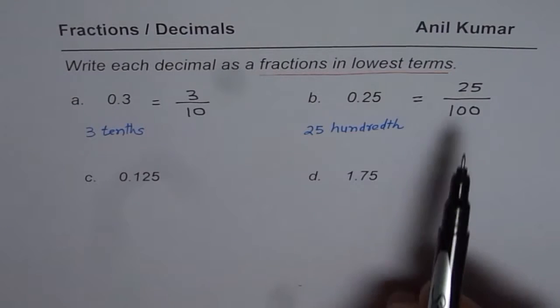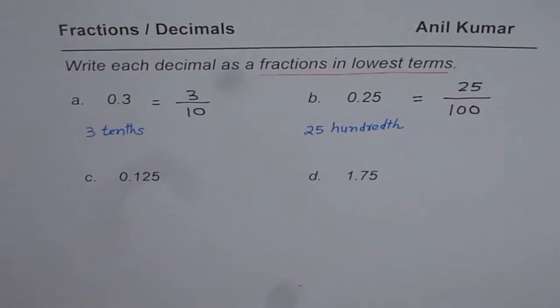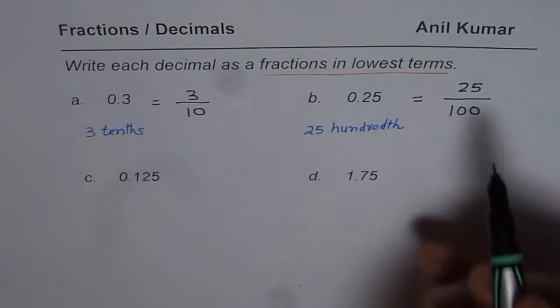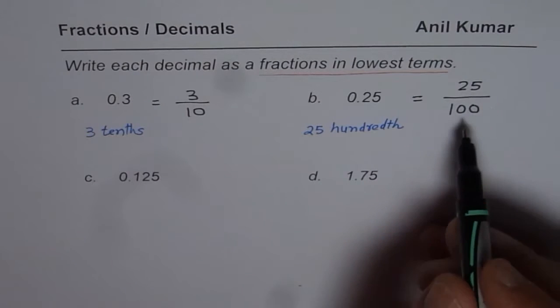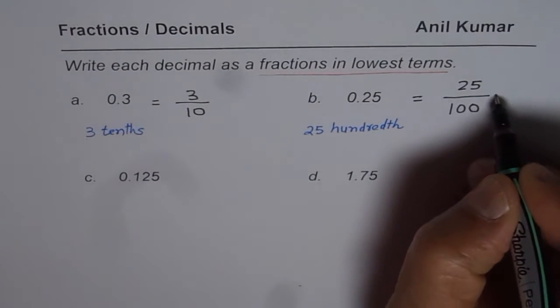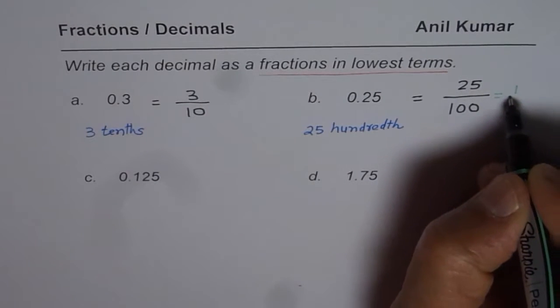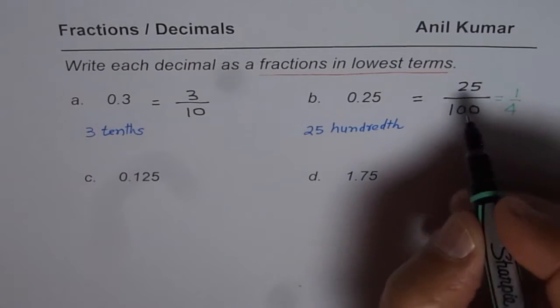Correct? So that is the first part. This is how you can convert decimal to fraction, and here we have something in addition to do to write it in lowest terms. 25 is like quarters. You know you have 4 quarters in a dollar, right? You can divide by 25, then you get 1 out of 4, right? So you can do in steps also.